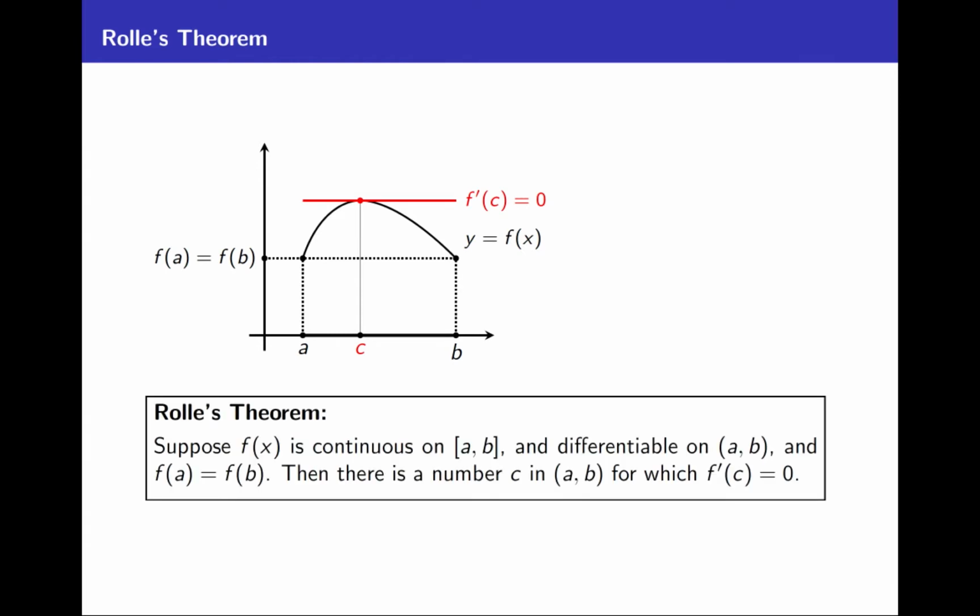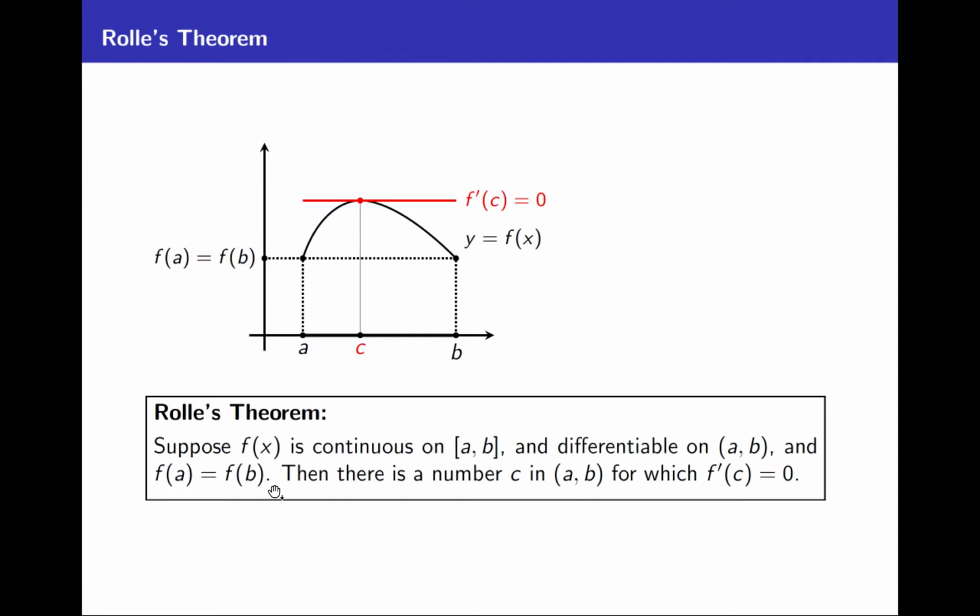In words, Rolle's theorem says, suppose f of x is continuous on a closed interval from a to b, as it is here, and differentiable on the open interval from a to b, meaning that for any point x between a and b, the derivative exists, and also that f of a equals f of b, as it does here.